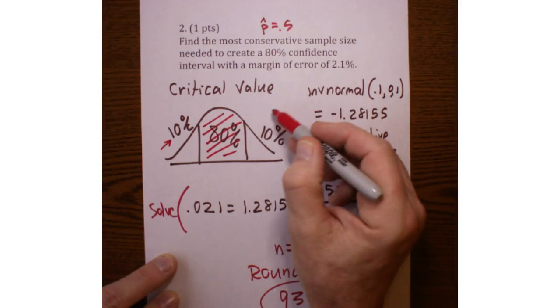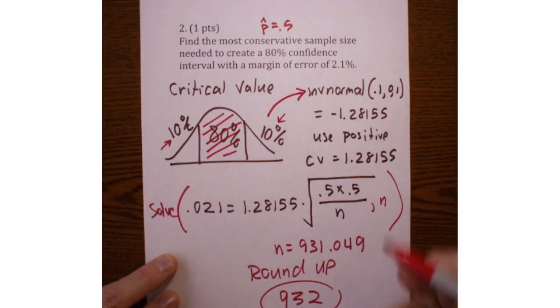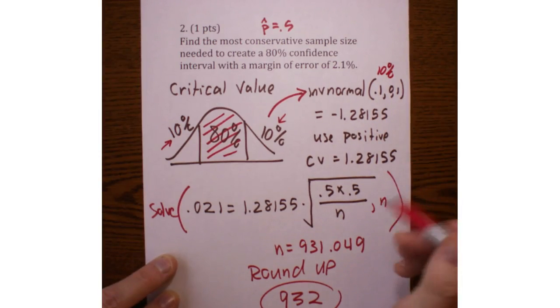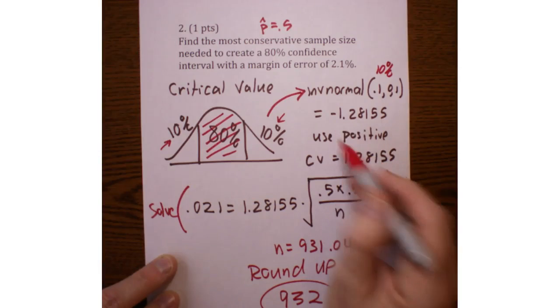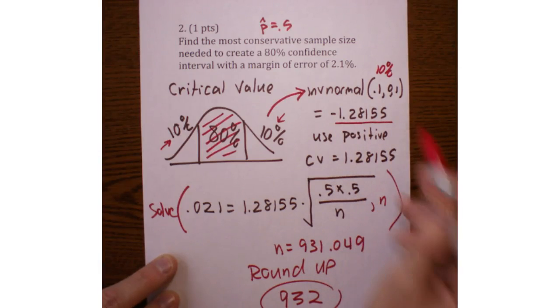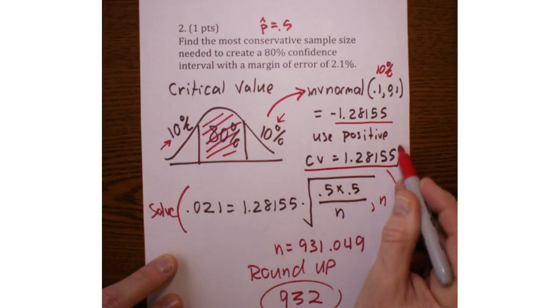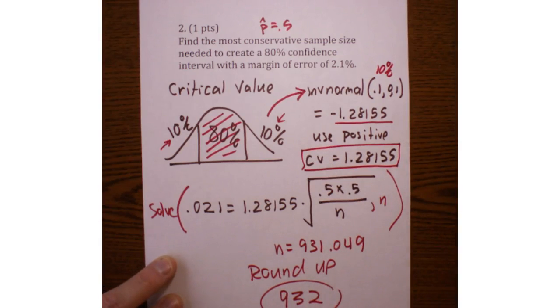And I use my inverse normal of 10%, and that gives me negative 1.28155, and I always use the positive, so my critical value is 1.28155.